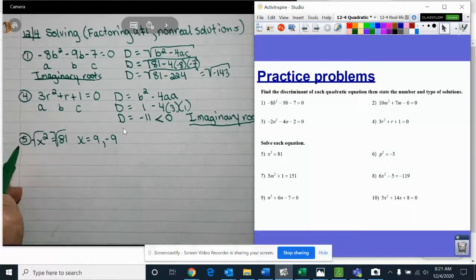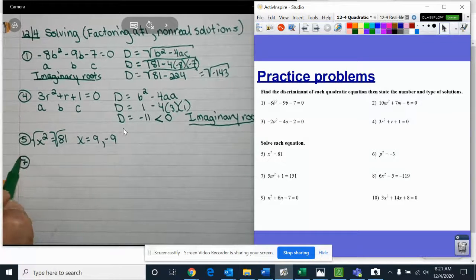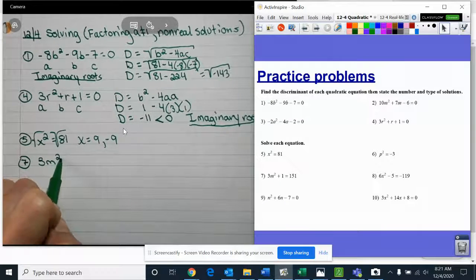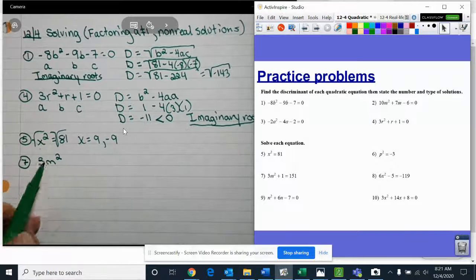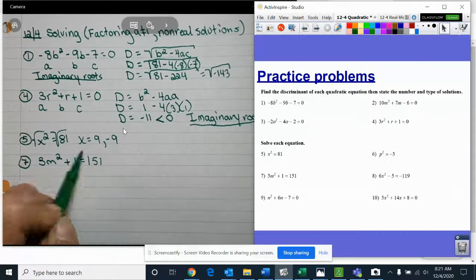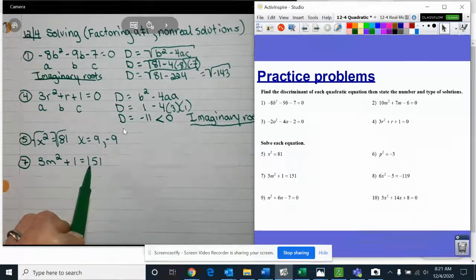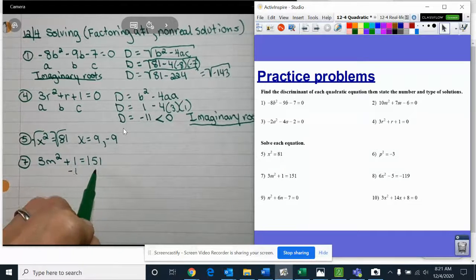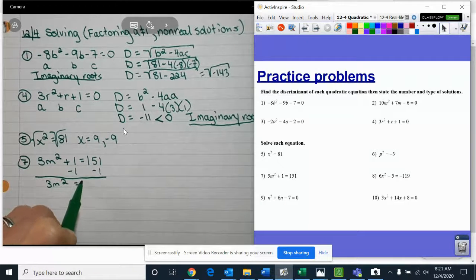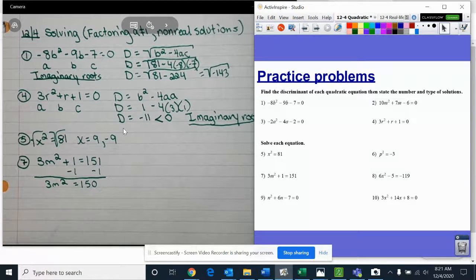In number 7, this is where we will need to look at our new process. 3m squared plus 1 equals 151. When we subtract 1 on both sides, we get 3m squared equal to 150.